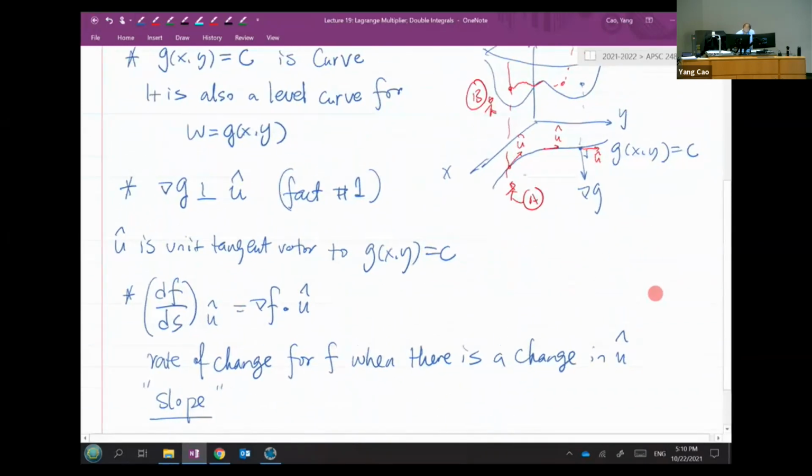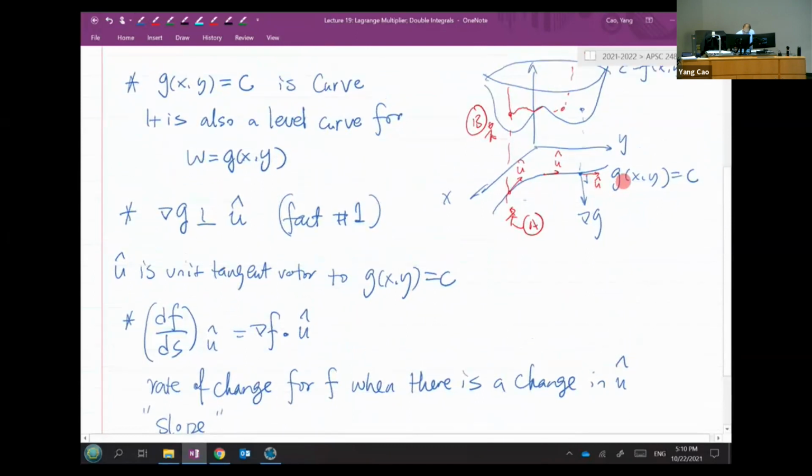All right, so what does that mean, right? For example, at this location you got del G, and at this location you got u hat. At this location, I'm just arbitrarily drawing, you may get the del F like this way here. However, at the certain location where you reach this minimum point on the intersected curve, you're going to have 2 different conditions satisfied.